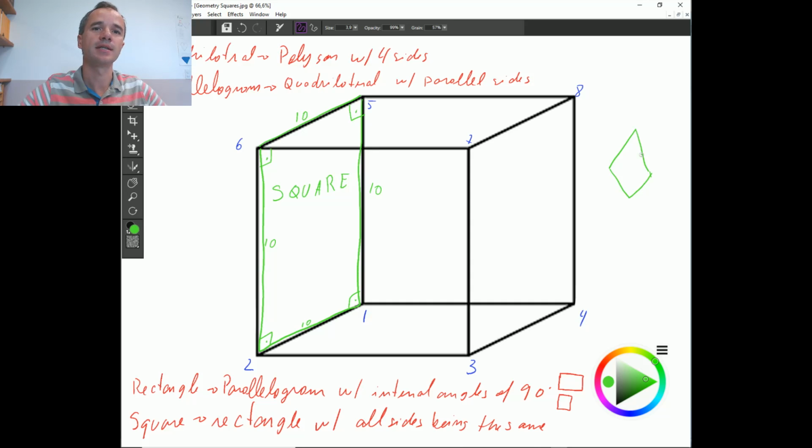So this side is parallel to this one, this side is parallel to this one, and they are all the same. Is this a square? No, it's not. Why? Because this angle is not 90 degrees. Neither is this one. So this is clearly not a rectangle, because the internal angles must be 90 degrees.